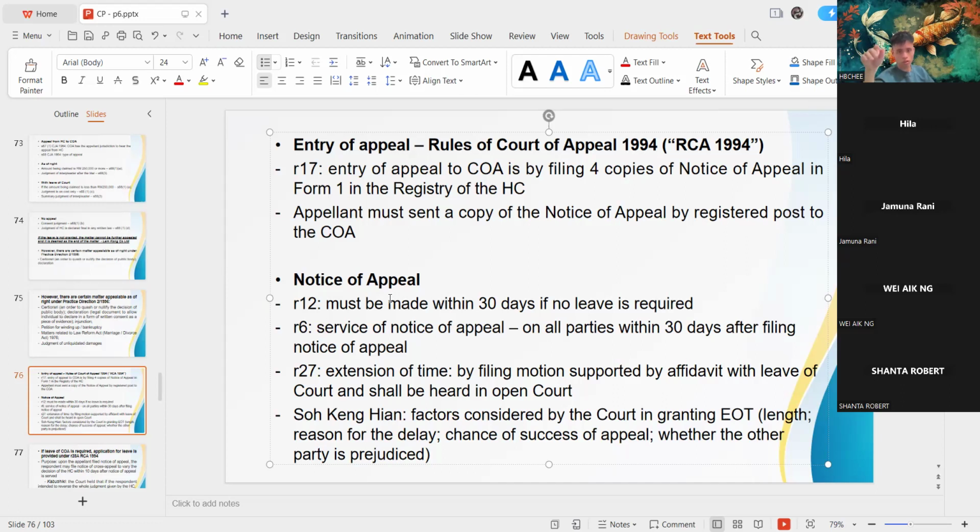Factors considered by the court in deciding whether or not to grant the extension of time: first thing is the length of delay, second thing is the reason, third one is the chance of success, and fourth one is whether the other party is prejudiced.